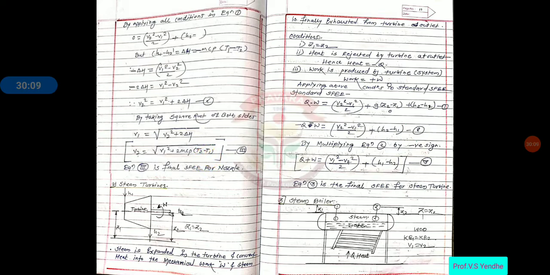Okay, then the second device, that is the steam turbine. As we know that inlet height is equal to outlet height, that means Z1 is equal to Z2.